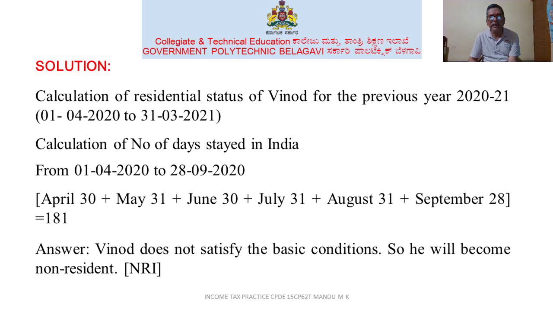As per the IT Act, the basic condition is he must stay in India at least 182 days. Hence, the first basic condition is not satisfied. Similarly, the second basic condition is not applicable to him because he is visiting for a job.